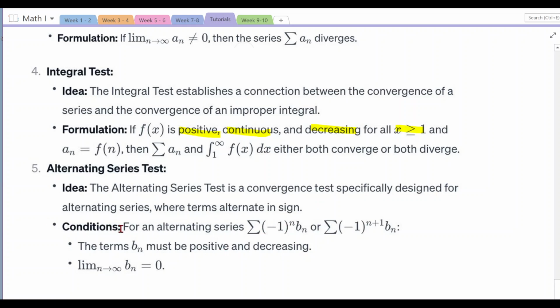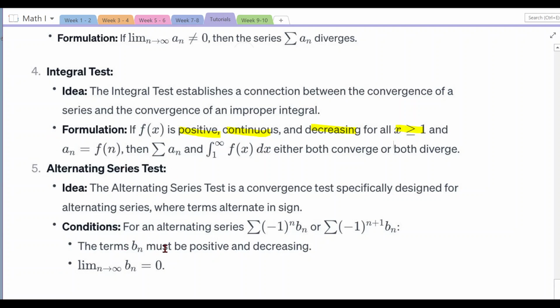The condition for an alternating series is either negative 1 to the power of n times b sub n, or negative 1 to the power of n plus 1 times b sub n. Here b sub n is the alternating series term, which must be positive and decreasing.